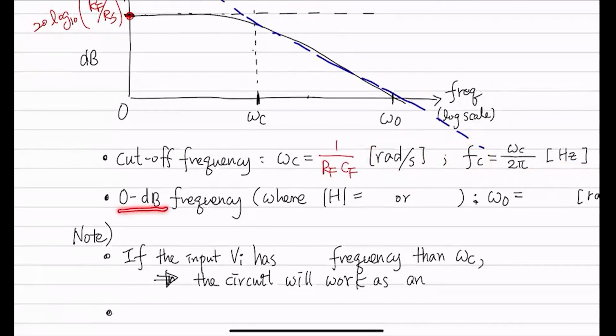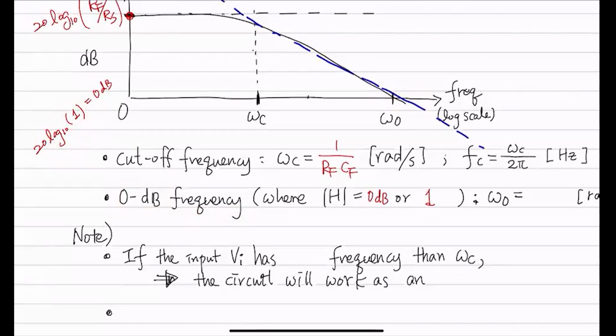And the 0 dB frequency, which is this guy here, is when your H becomes 0 dB, or that value is 1. Think about it. 20 log base 10 of 1 is going to be 0 dB, right? Because if the log has 1, then that means this is 0.